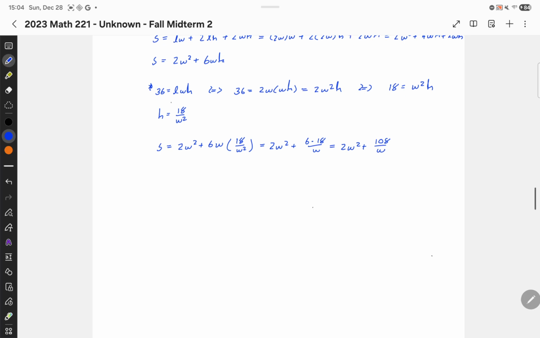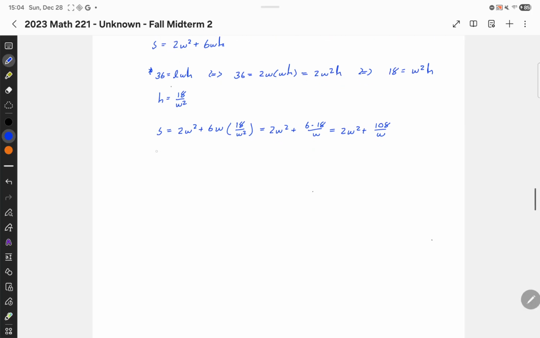And now let's go ahead and take the derivative of S with respect to W. So the derivative of S with respect to W is going to be equal to, well, what is the derivative of 2W squared? That's going to be 4W, because we're differentiating with respect to W. And now we have 108 over W, which we can rewrite as 108 times W to the minus 1.